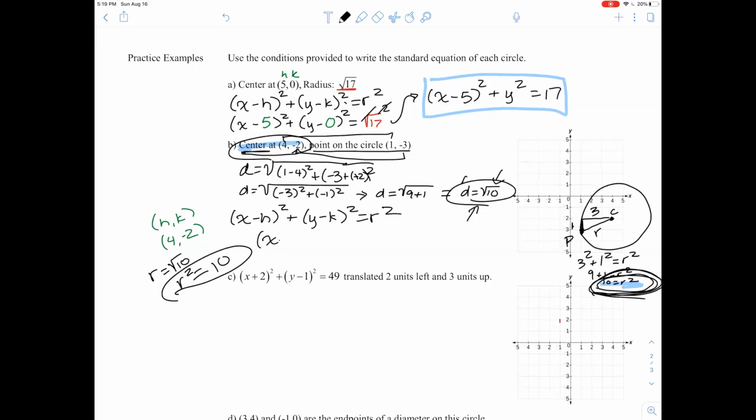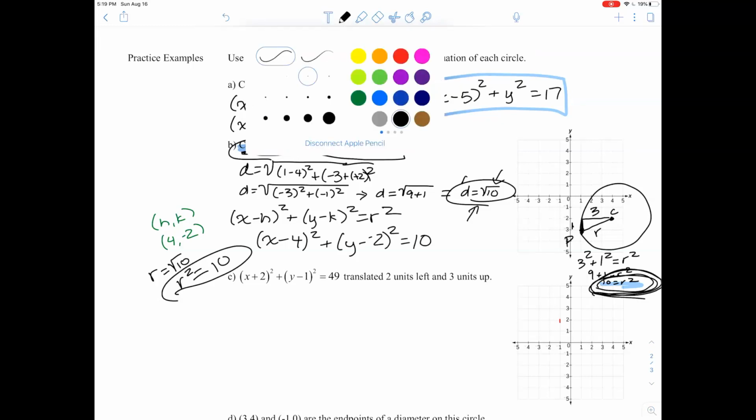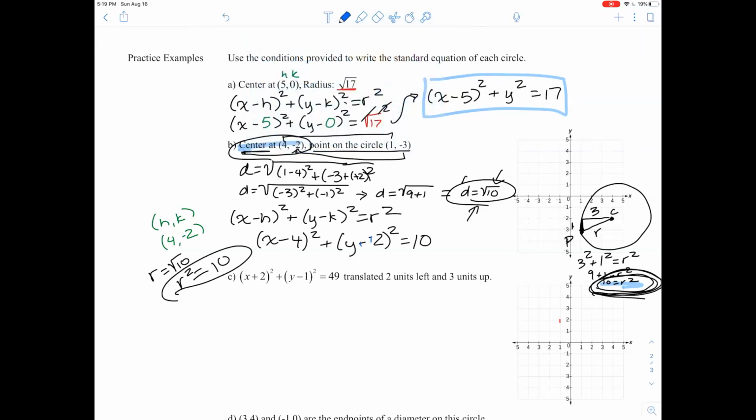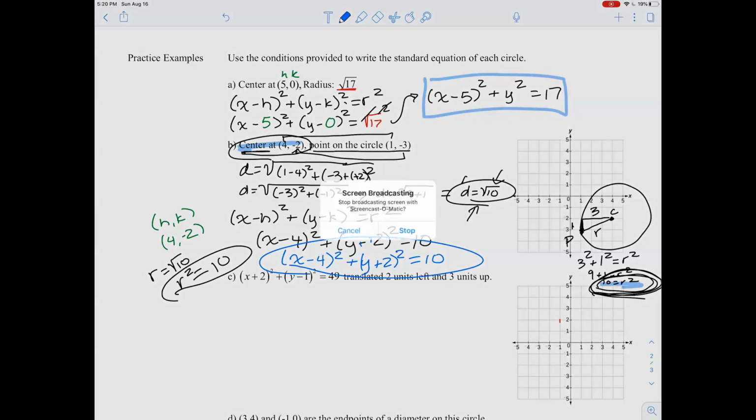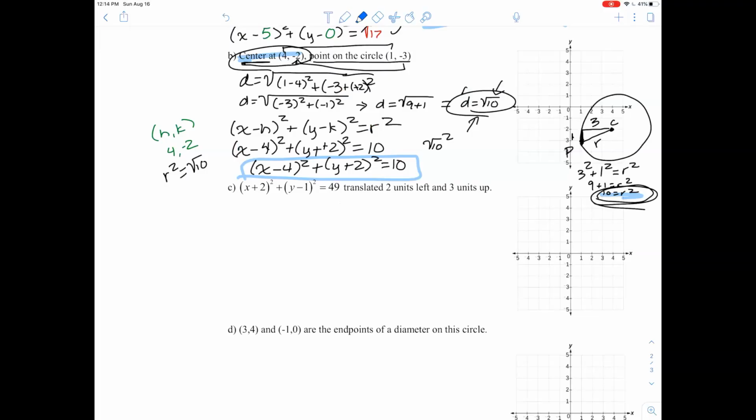So we get x minus our h, which is 4, quantity squared, plus y minus -2 quantity squared equals radius squared. We'll clean that up. Final answer: x minus 4 quantity squared plus y plus 2 quantity squared equals 10. And there's your solution. Okay, so there you go.